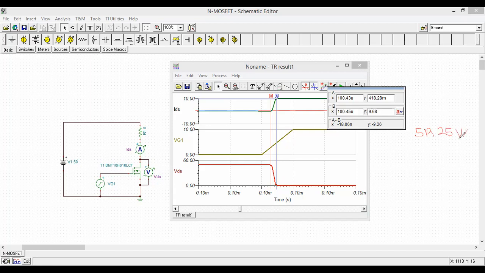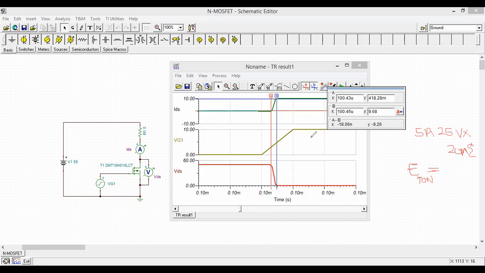Multiplied by this time duration, which is nearly 20 nanoseconds. That is your energy dissipation at turn on, right? Convert it into seconds, otherwise you can't get it right. So T on is the energy loss during this transition, right?